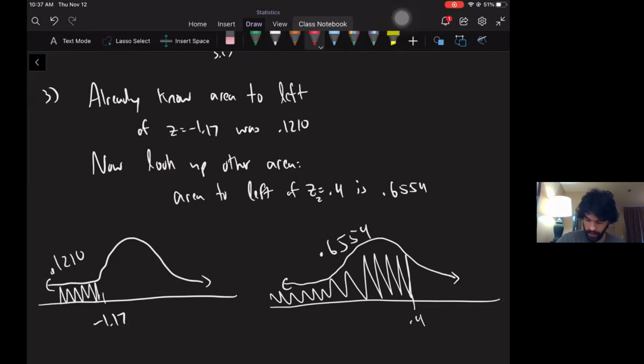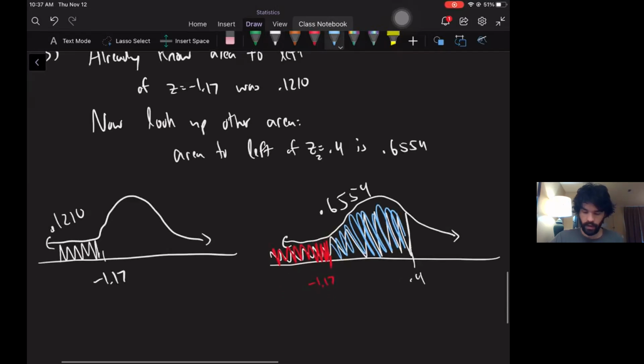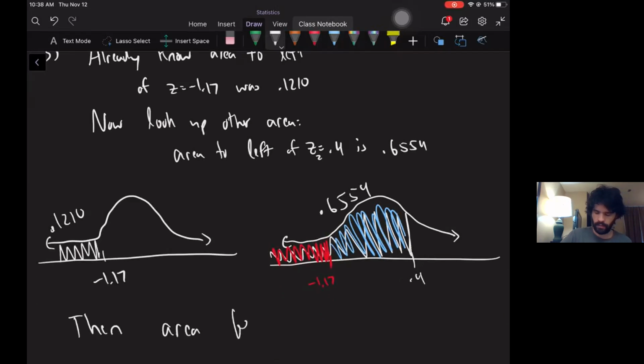So what does that mean? Well, that means that I want to get rid of this area, because then I'll be left over with just the area that I want. So how can I do that? Well, all I have to do is subtract.